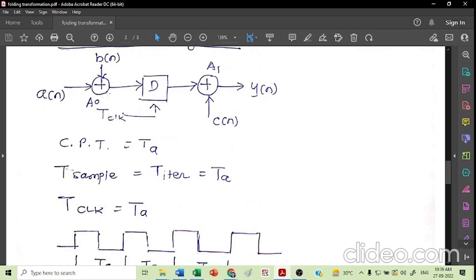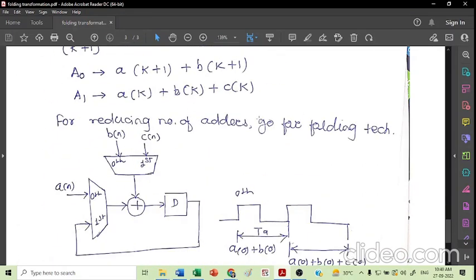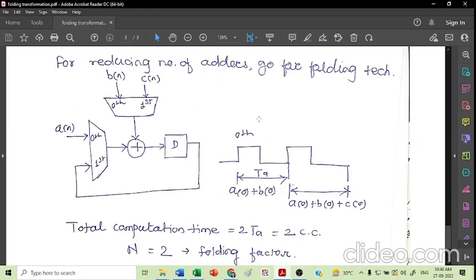See here, instead of using 2 adders, we can reduce these 2 adders to 1 adder, so that the computation time will be reduced and speed will also be increased. So here we will go for the folding technique.